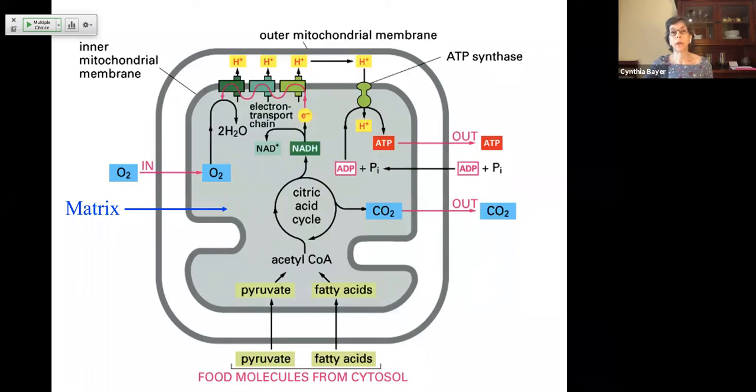More electrons can be extracted from our pyruvate, and those electrons will be used to drive the synthesis of ATP. In the absence of oxygen, the pyruvate is reduced to molecules that can diffuse out of the cell and allow glycolysis to keep continuing.